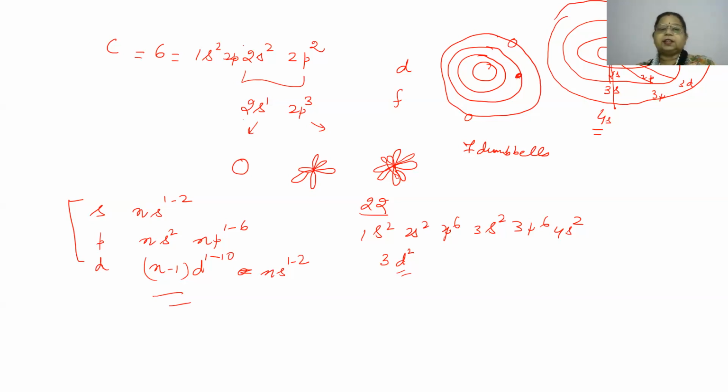We consider S and P orbitals as compact. Compact means that in a smaller space, many electrons are there. But D and F orbitals have a diffused structure.